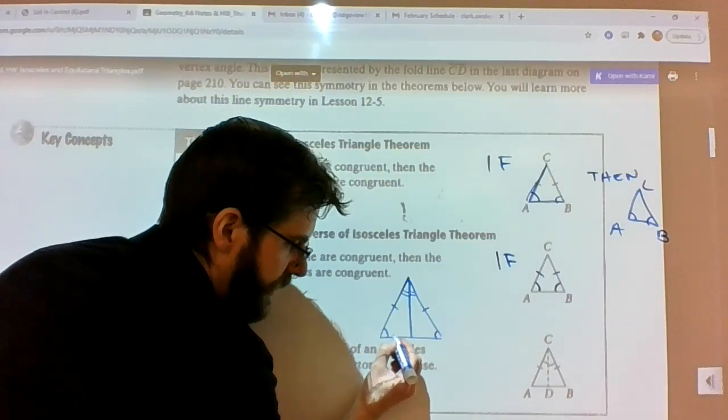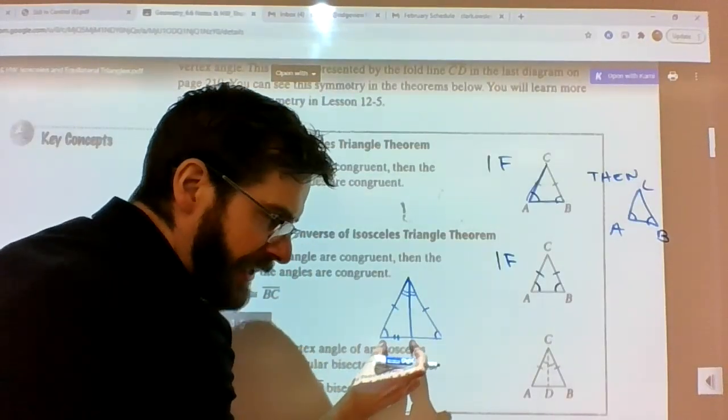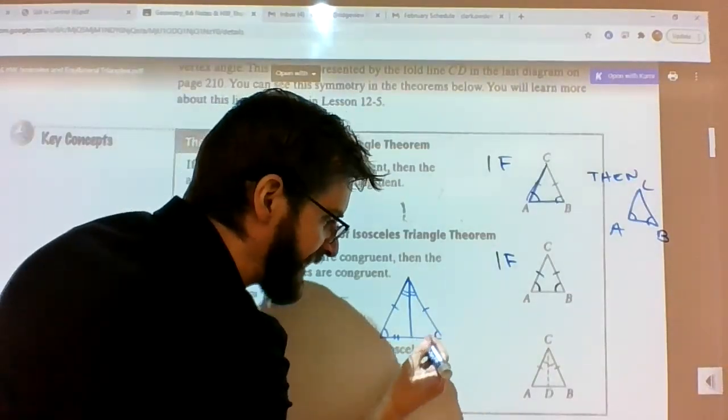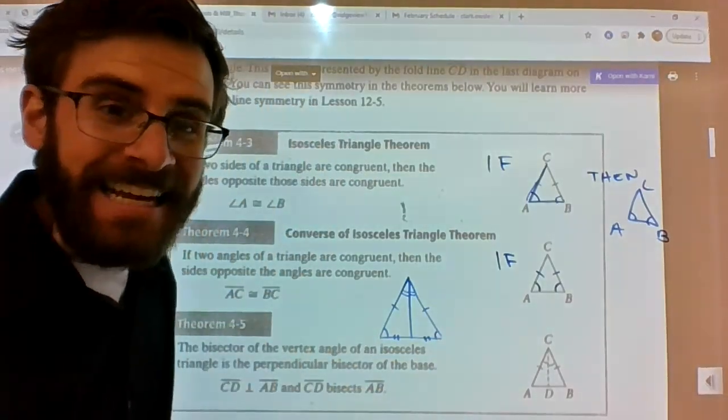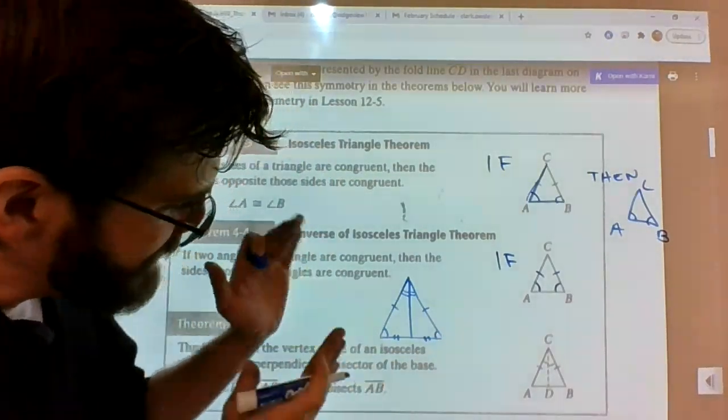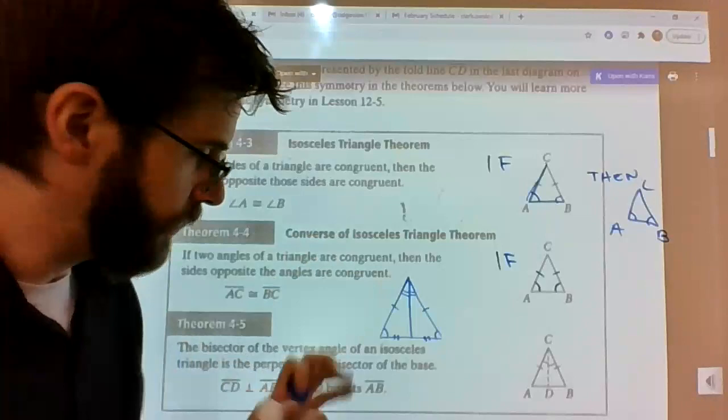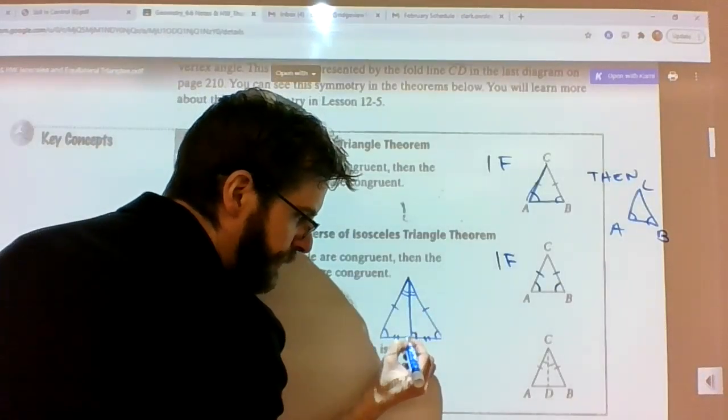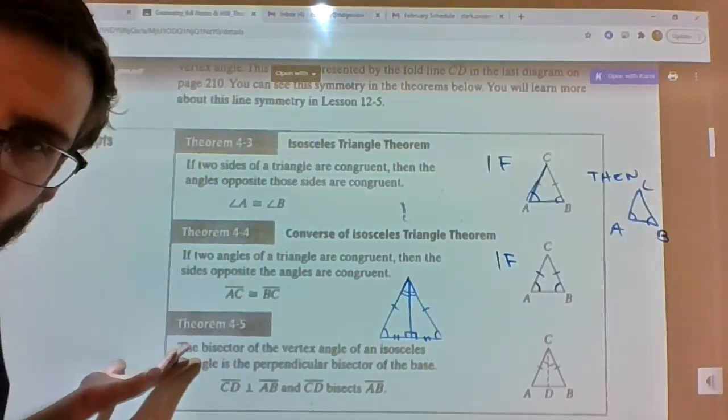One, this sliver right here must be congruent with that sliver right there. And it creates a perpendicular angle. It creates 90 degrees on both sides. That's all that theorem 4.5 is saying.